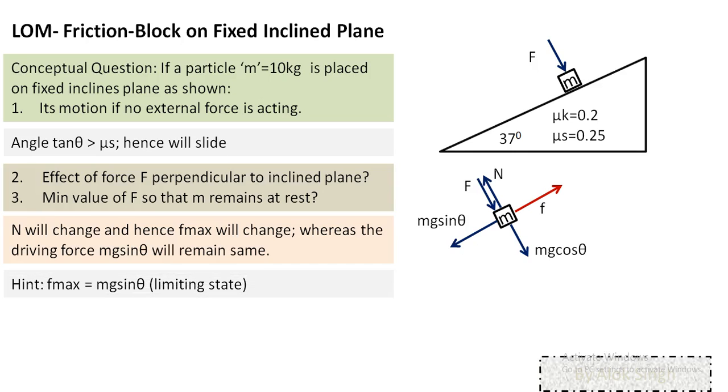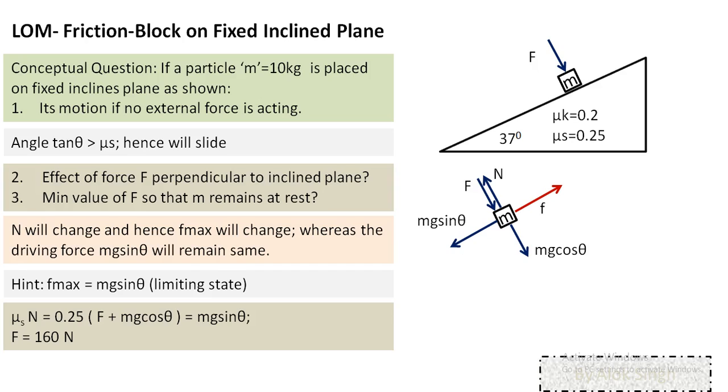Now the third question: what is the minimum value of F so that the block remains at rest? One way of answering would be, again, it is a limiting state. Hence, the maximum frictional force has to be equal to the driving force mg sin theta. In this case, the maximum frictional force will be equal to mu s times the normal reaction.